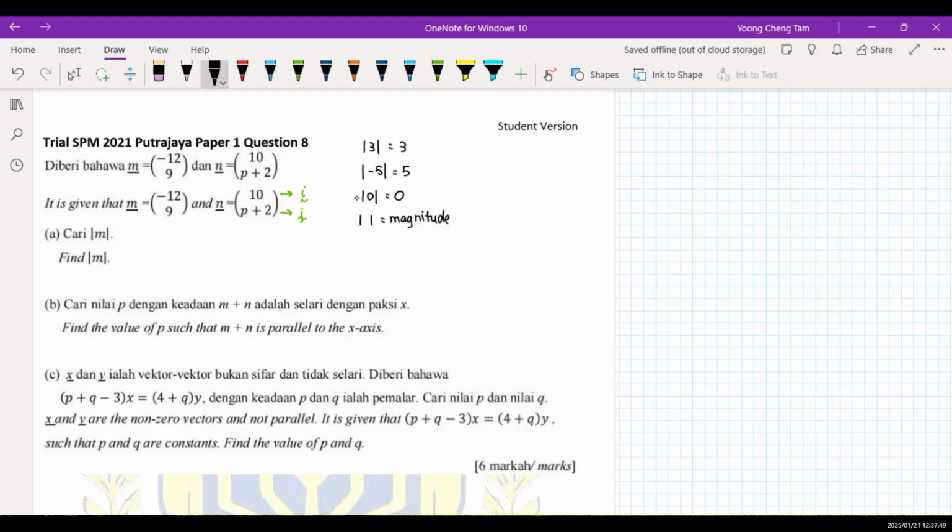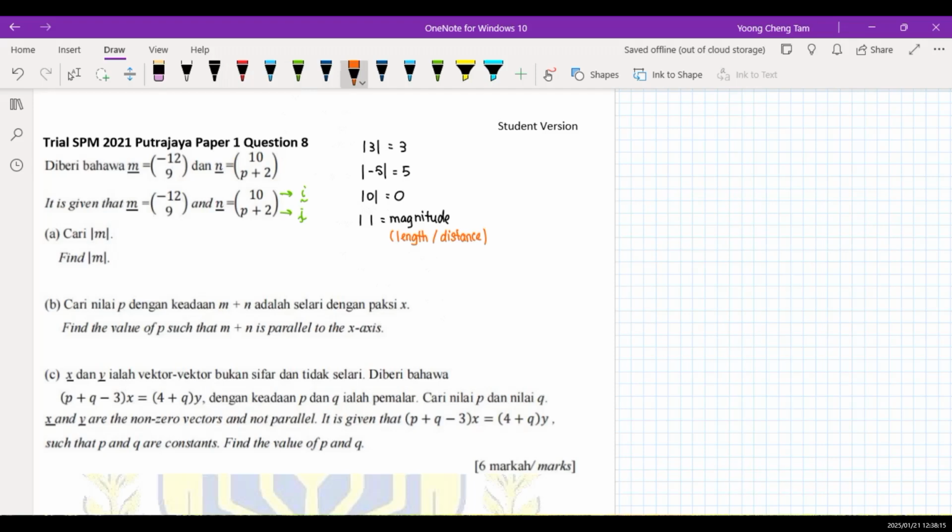And what is the meaning of magnitude? If you learn physics, if you take the full science stream, the meaning of magnitude is the length, or you can say the distance. So it's the length between 2 points or the distance between 2 points. So what is the formula for magnitude?